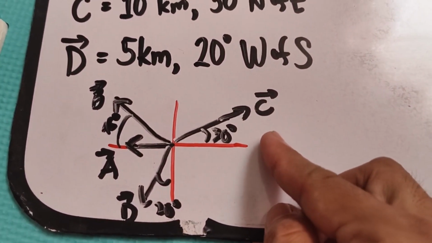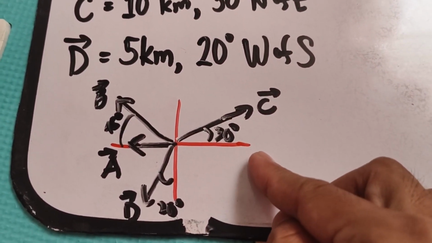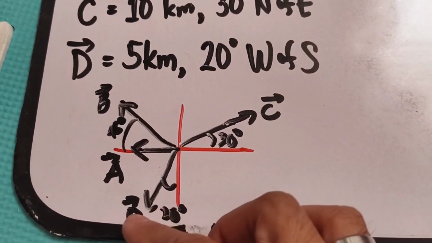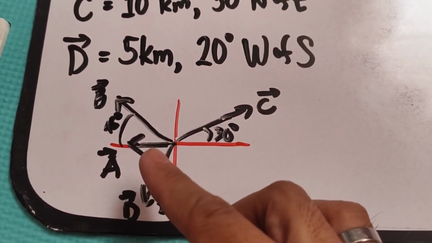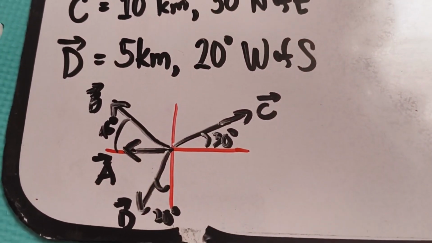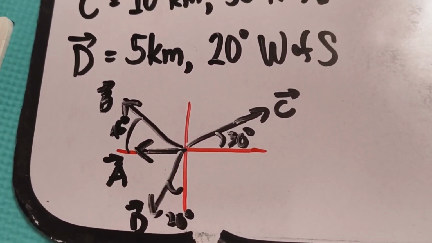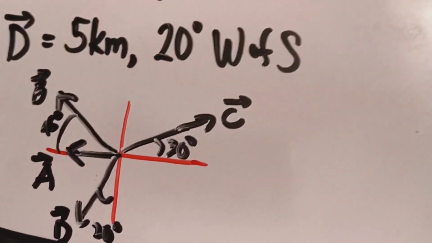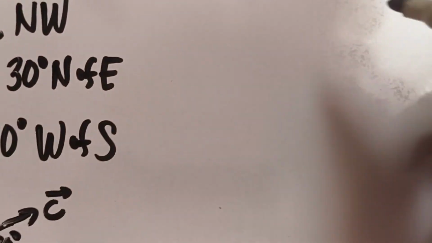Si vector C ay merong positive na x component at positive na y component. And si vector D ay merong negative na x component at negative na y component dahil siya ay nasa third quadrant. Okay?